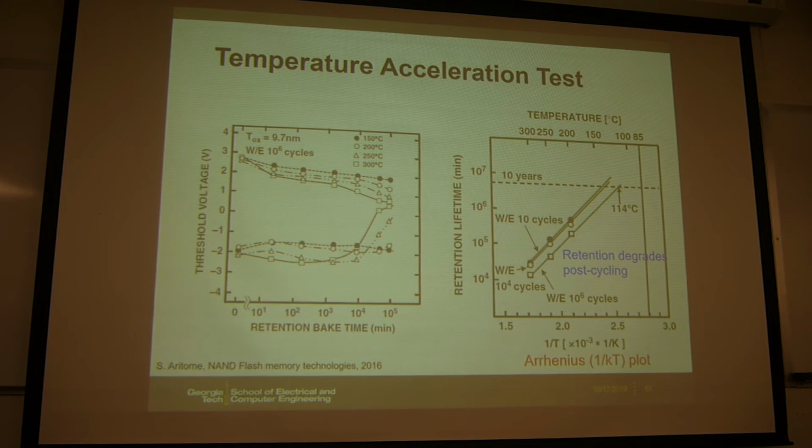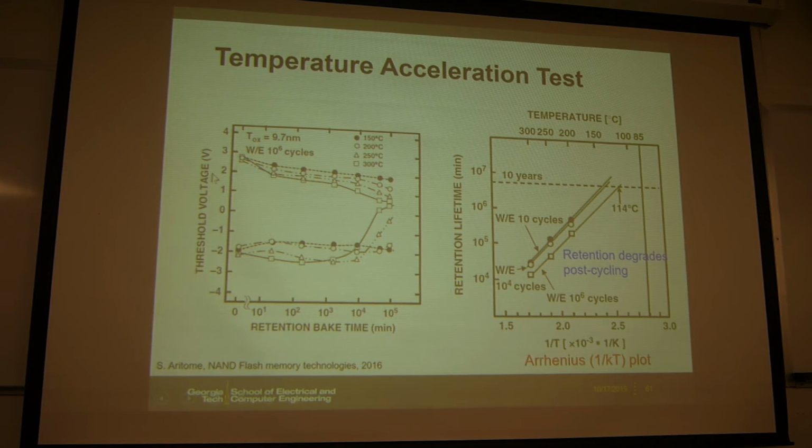But as an engineer for this company, you cannot wait for like 1 or 2 years to characterize the error. So you want to do this in a faster time scale, and then the temperature will help you, because at higher temperature, the electrons have higher kinetic energy, easier to jump out.